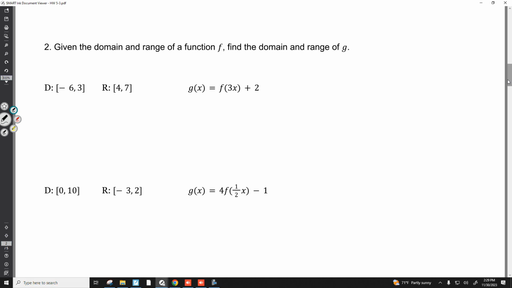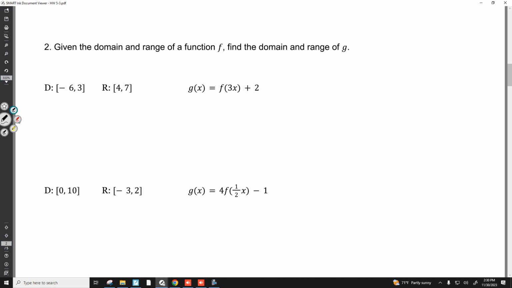Hey, we have the function f with a domain and a range. Here's the transformation of your function f. You got f of 3x plus 2. What is the domain and the range of your transformed function? Do it all out. You multiply by a third, and you add 2 to the range, right?